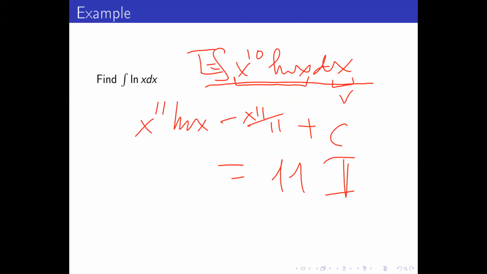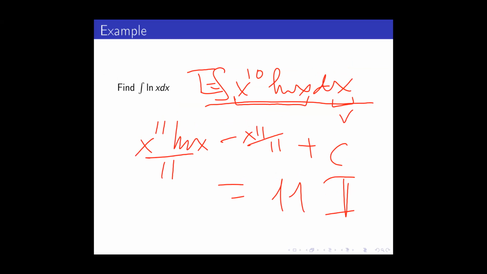Yes, your answer is correct. So here you become x to the power 11 over 121, and you can still call C over 11 just C. It doesn't matter, because C is a constant. Okay, so that is one way.